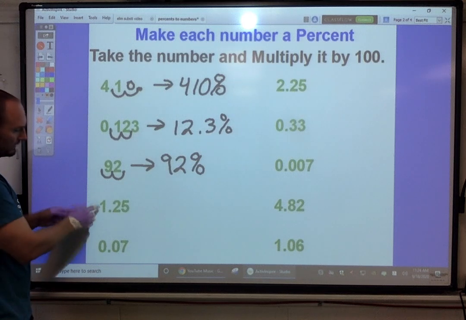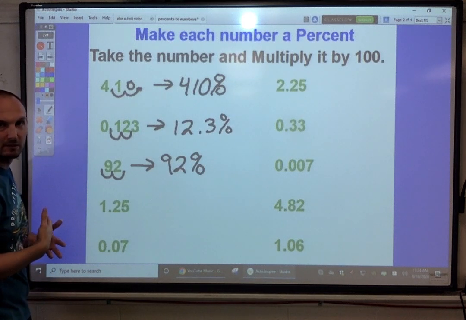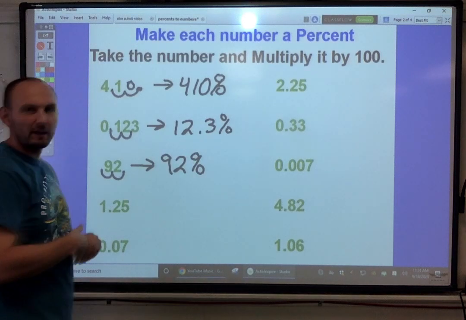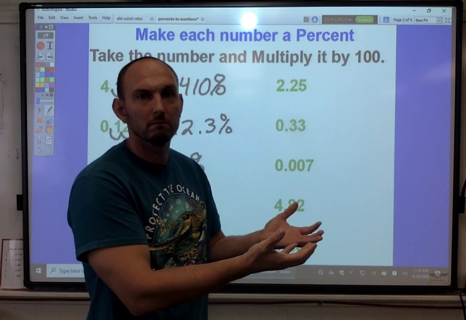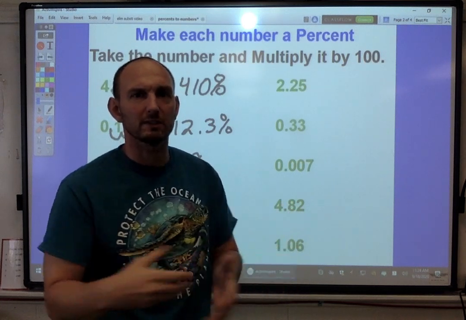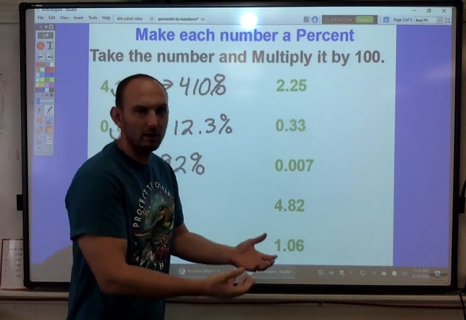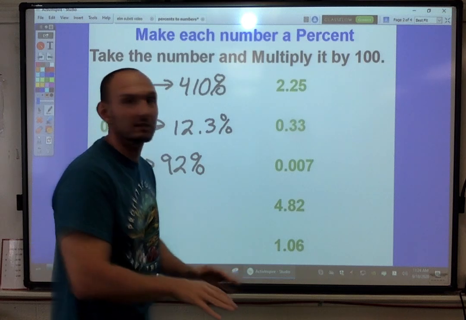1.25. Well, anytime you have a whole number, that's going to be the hundreds. Because think about it. If I have 100% of something, so if I have all of this right here, that's 100% of it. It's like multiplying it by 1. It doesn't change. So if I have all my money and I times it by 1, I still have all my money. It hasn't changed any.